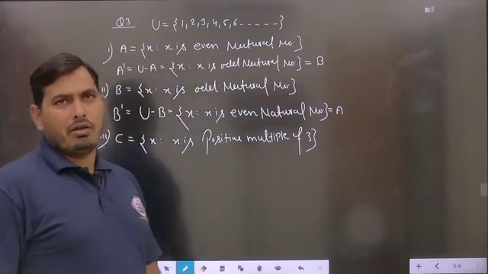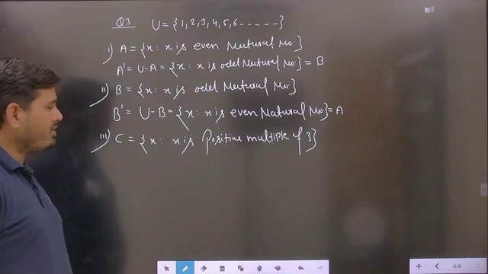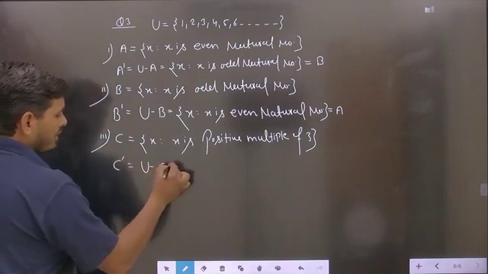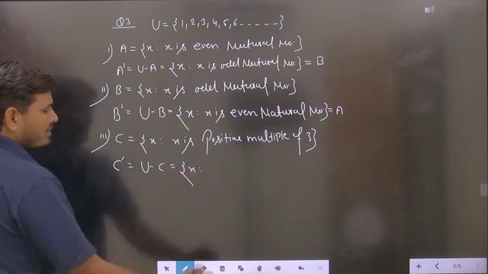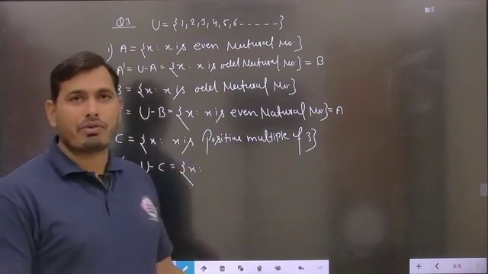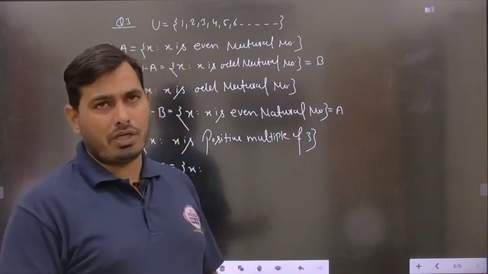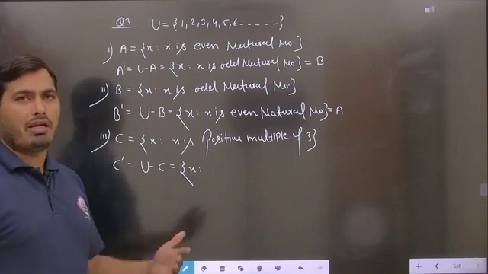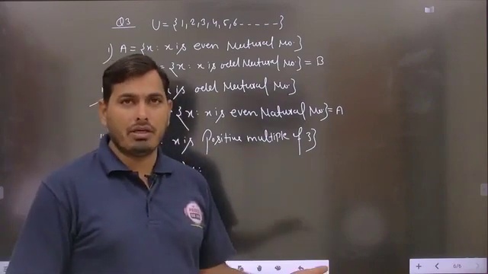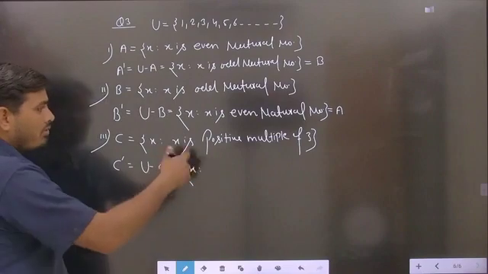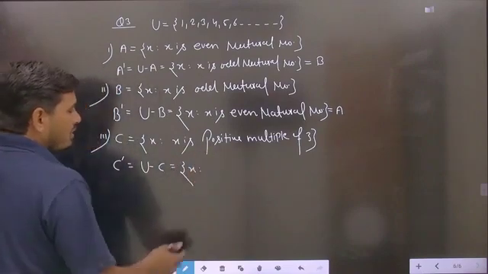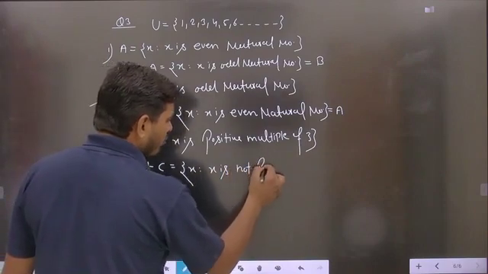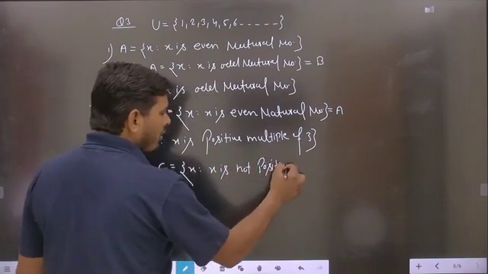So basically, the answer of C dash will be written as U minus C, meaning x such that x is not a multiple of 3. If all the multiples of 3 are subtracted from the universal set, then we get the numbers which are not multiples of 3. In the same way you can make the negative statement of this, meaning x is not a positive multiple of 3.